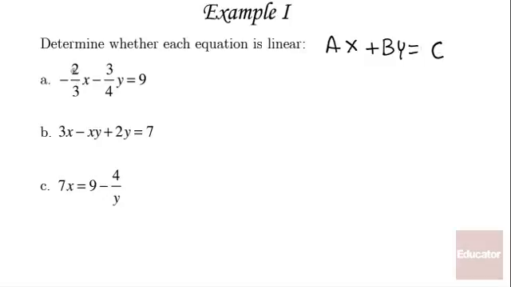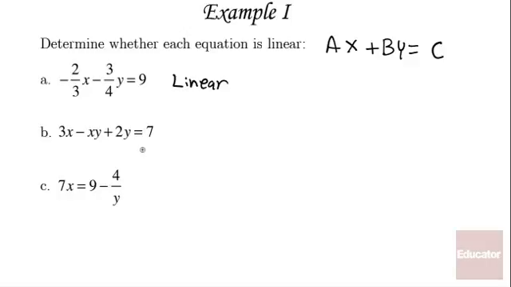I'm looking over here, and it is in that form. A is negative 2/3, B is negative 3/4, and C is 9. So this is in standard form, so this is a linear equation.